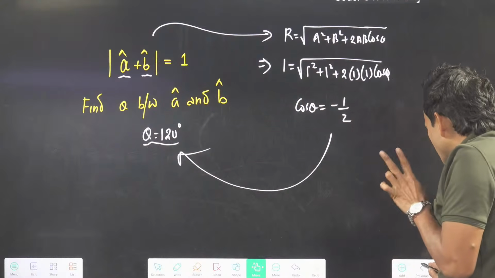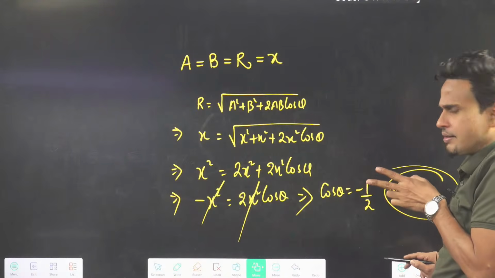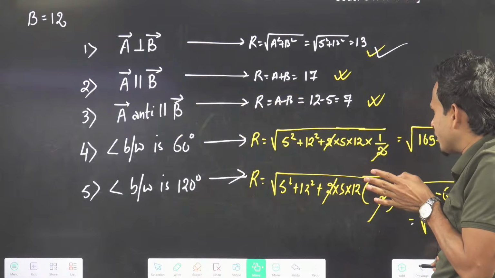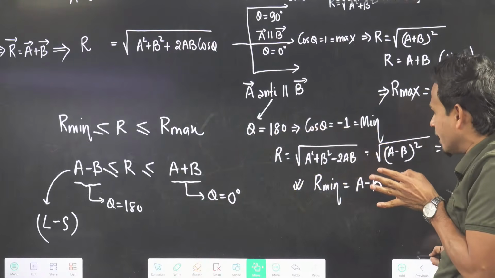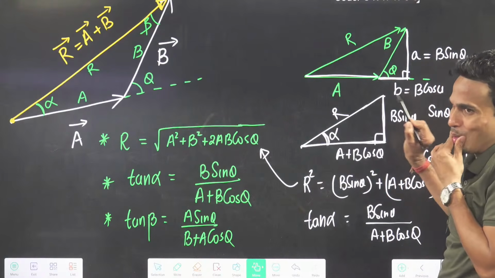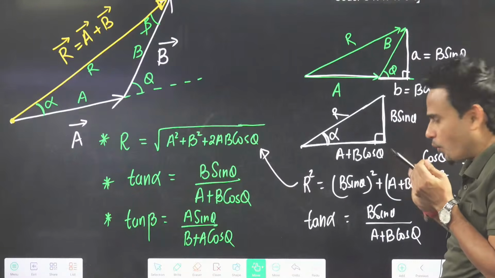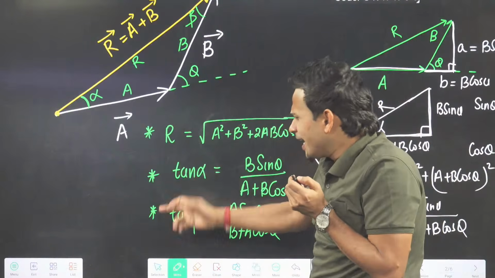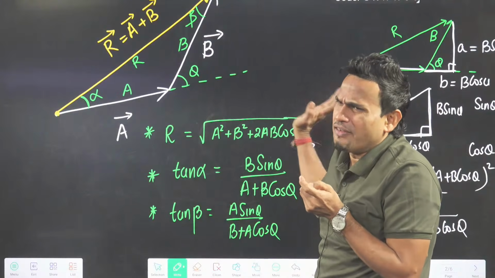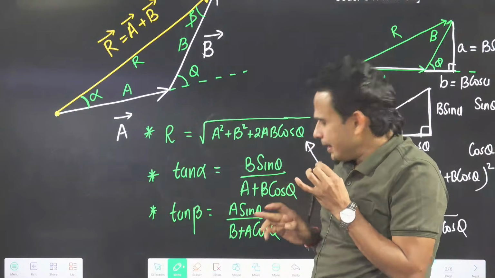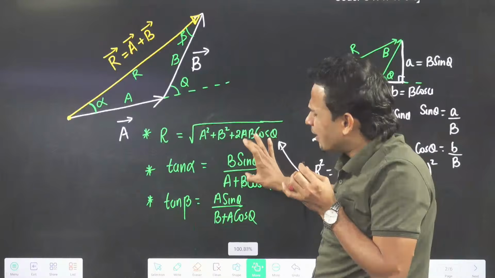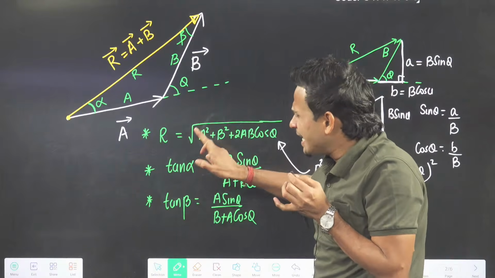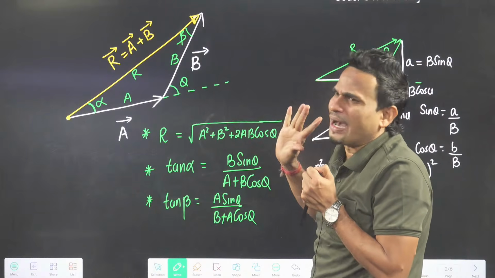Now I will add one more concept here. Pay a little attention. I will come back to the original figure where we started. Sir, we understood addition, and you also told the derivation. We have done everything. Now someone came and again he has given me two vectors, A bar and B bar.